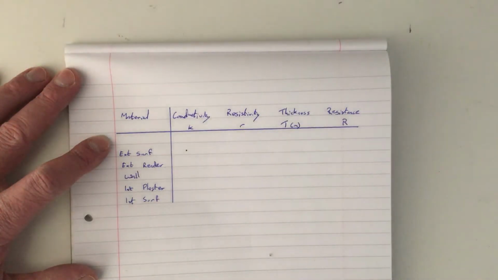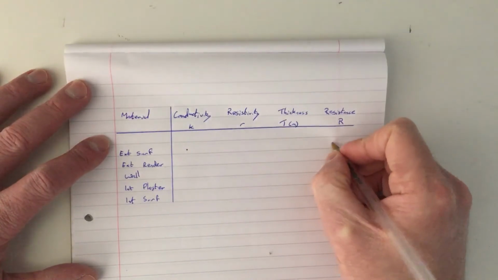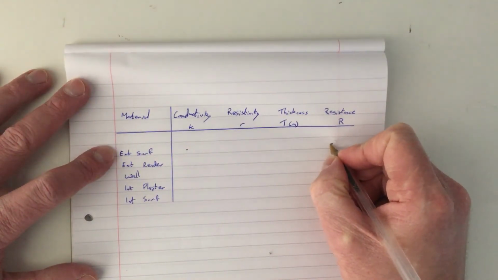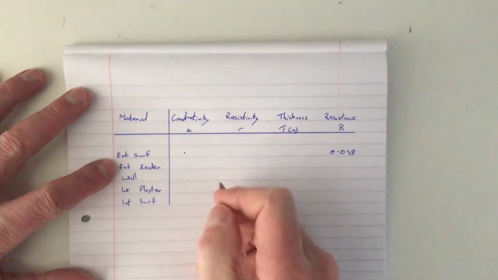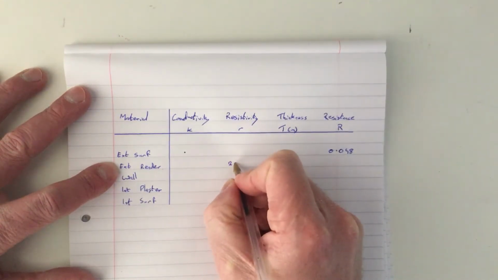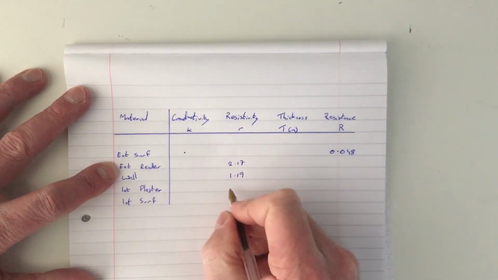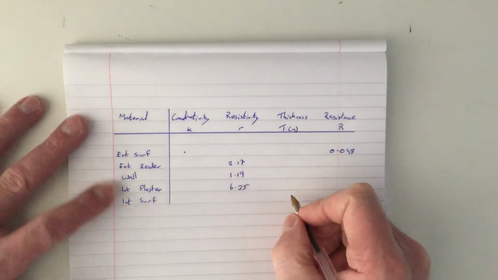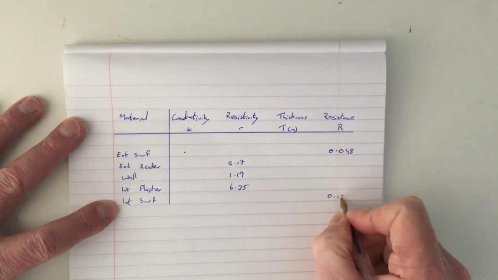Now, I'm given my external surface resistance already, so external surface is 0.048. External render, I'm given my resistivity for that is 2.17. The wall is 1.19, and the internal plaster is 6.25. I'll come back and fill in the thicknesses in a second, but my internal surface then is 0.122.